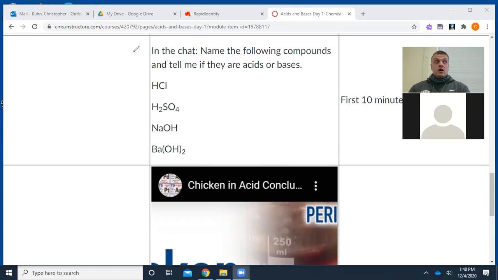If you get a really strong base on your skin or a really strong acid on your skin, and we have talked about that. But there are two types of acids, and we're going to very briefly review that again today, and there's basically just one type of base, and so we'll go through that and look at it.